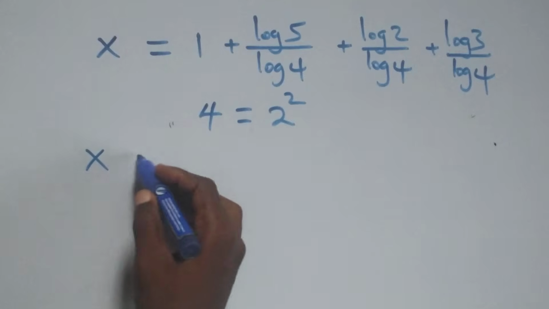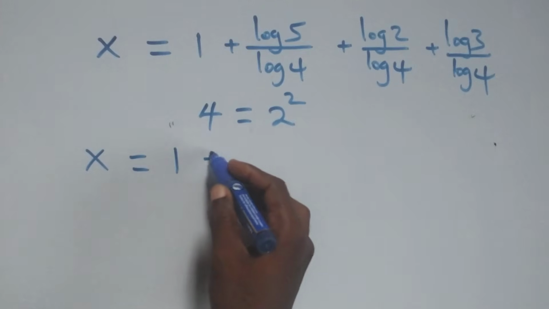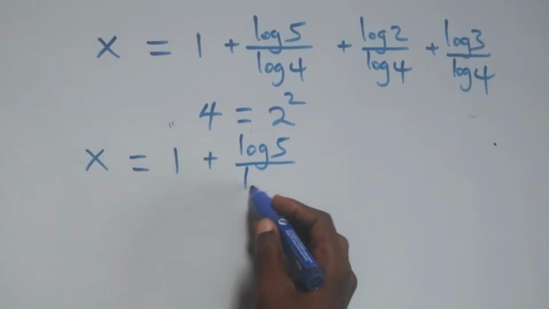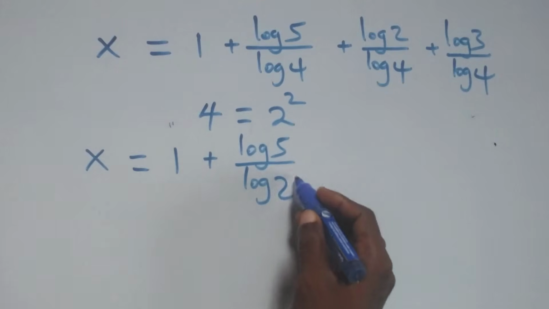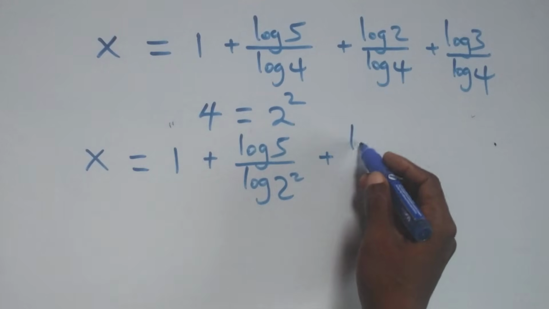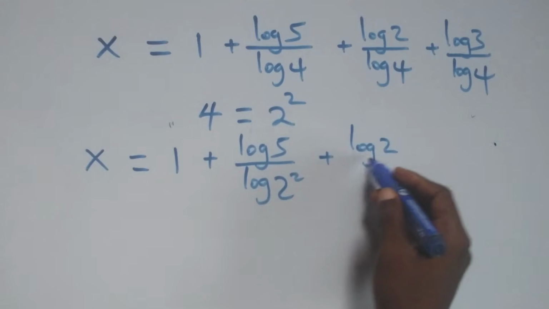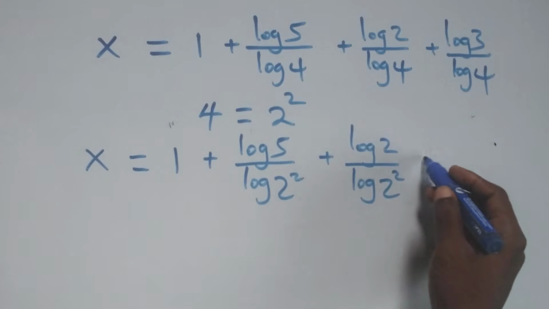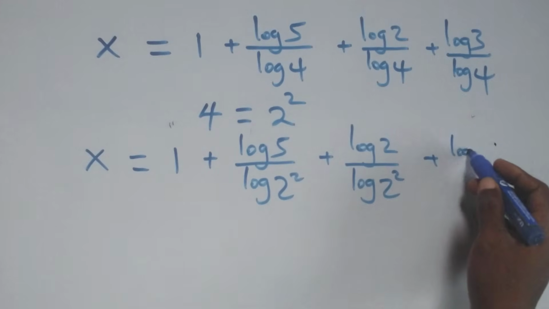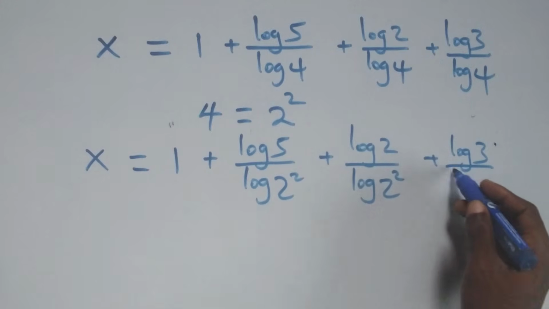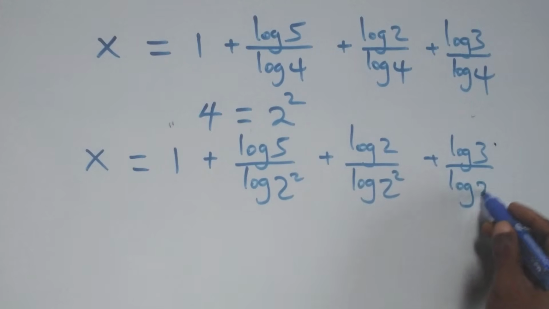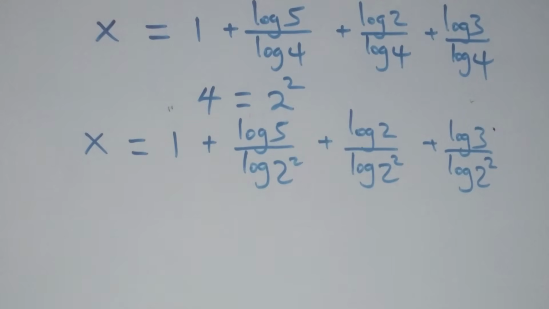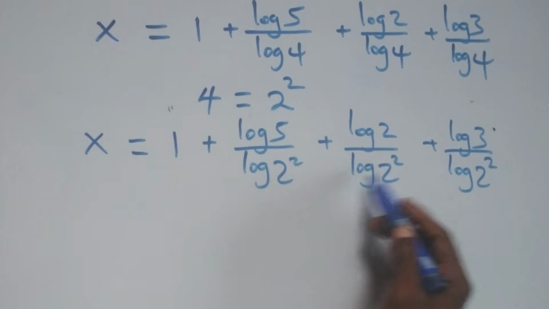Then we have x equals 1 plus log 5 over log 2 squared plus log 2 over log 2 squared plus log 3 over log 2 squared.